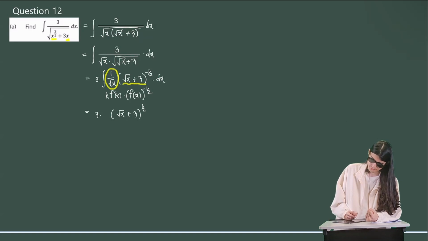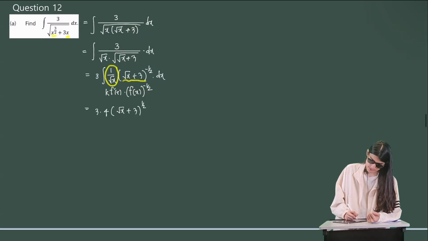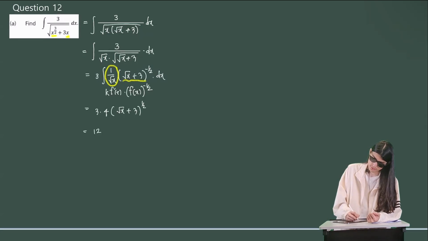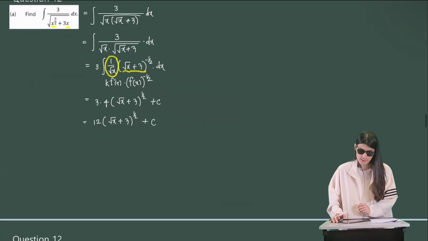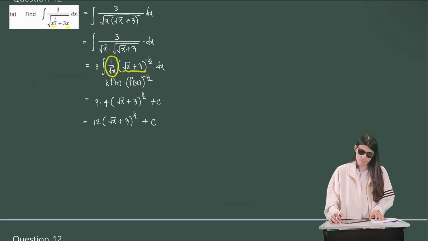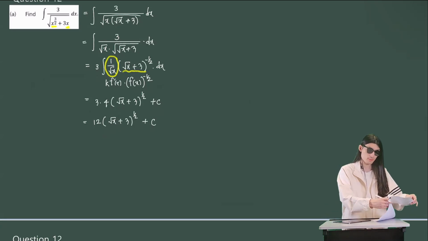And you need to multiply it by 4 to compensate for your constants. This then produces 12 times this. And do not forget your constants plus c when you find indefinite integrals. Okay.